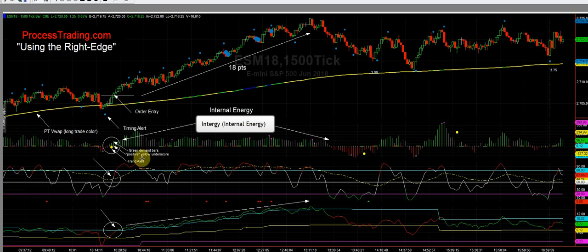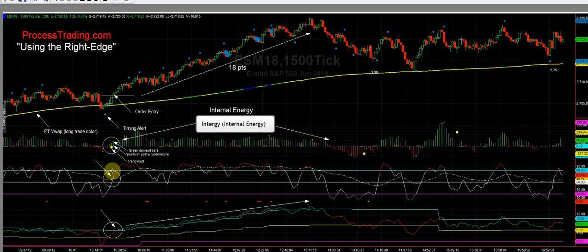Then along with that, we have the yellow trend alert here, and that's this yellow dot right here. So we know that it may be a longer trend or shorter trend. It's just alerting us to the fact that a trend may be occurring. So we have a lot of positive confirmation here in our discretionary indicator to go along with our trend trading system, which gets us into the trade right here anyway.